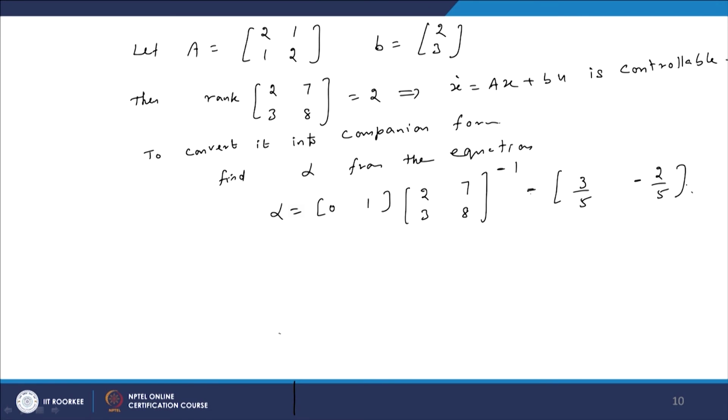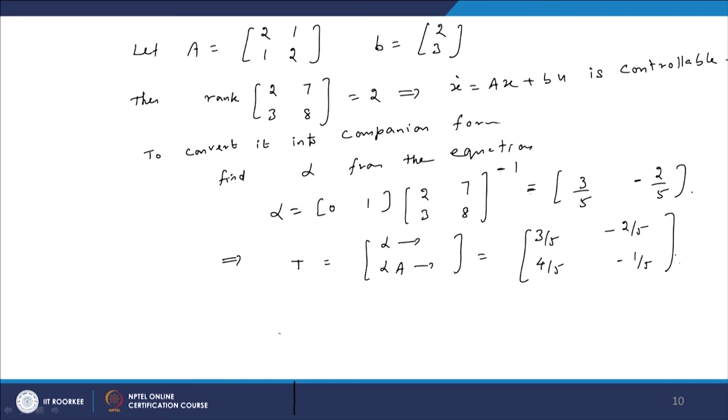So, we can calculate like this, and so this implies T is the first row is alpha, the second row is alpha into A. So, if you calculate this expression, we will get 3 by 5 minus 2 by 5 is the first row, second row will be 4 by 5 and minus 1 by 5 is the T matrix.